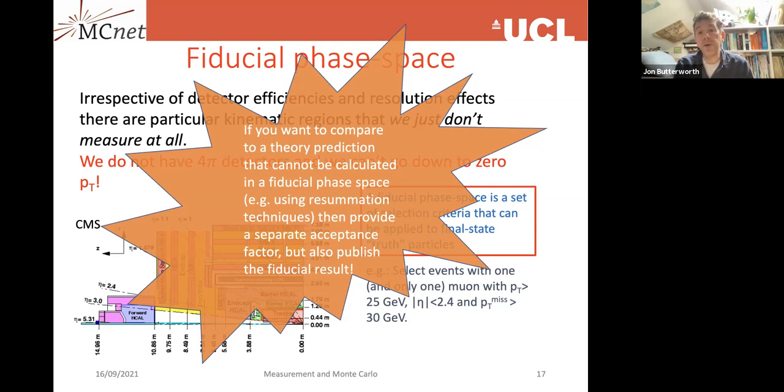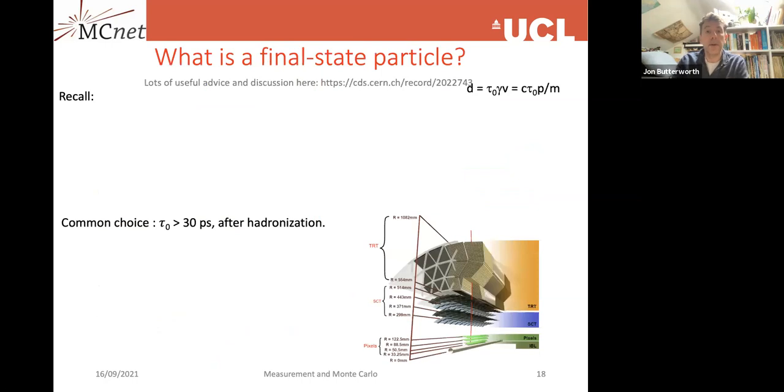If that's true and you really need it, then what the experiment should do is first measure the fiducial thing at particle level and then provide an acceptance correction. And that acceptance correction will have to build in some other theory. But if you've done it in that way, you have good control over what that theory is. And if that theory improves, for instance, you can redo it even 20 years after the measurement. You don't need the full detector simulation in order to do that.